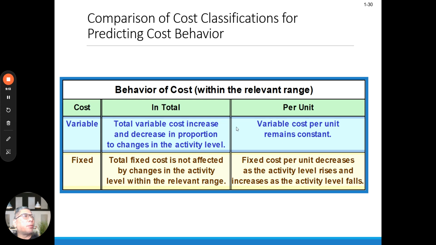Per unit, variable cost per unit remains constant. Fixed cost per unit decreases as the activity level rises and increases as the activity level falls. Those are the behaviors of variable versus fixed cost.